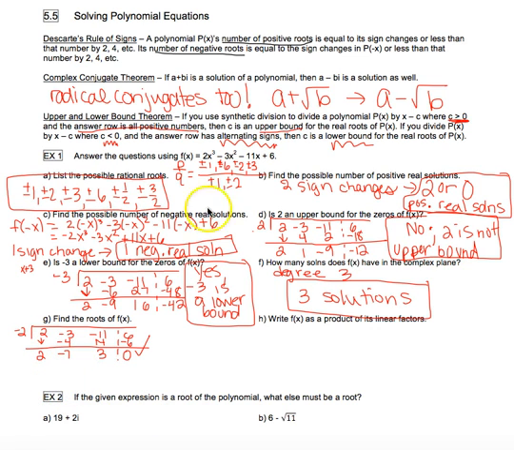Now, what's left, because my original is cubic, is a quadratic, so that represents 2x squared minus 7x plus 3 equals 0. And then I'm going to factor it. So 2x, x. Because this is a plus and this is a minus, I know they're both minus. So 3 here, 1 here. And if I check my FOIL, that gives me -6x minus 1x, which is -7x. So I know it's right.